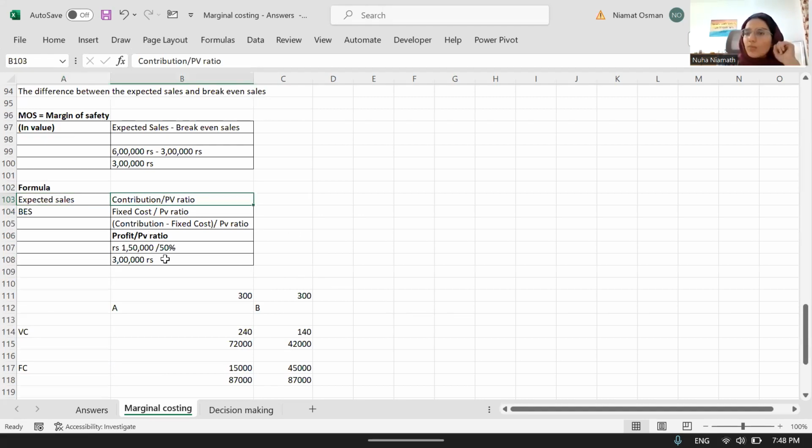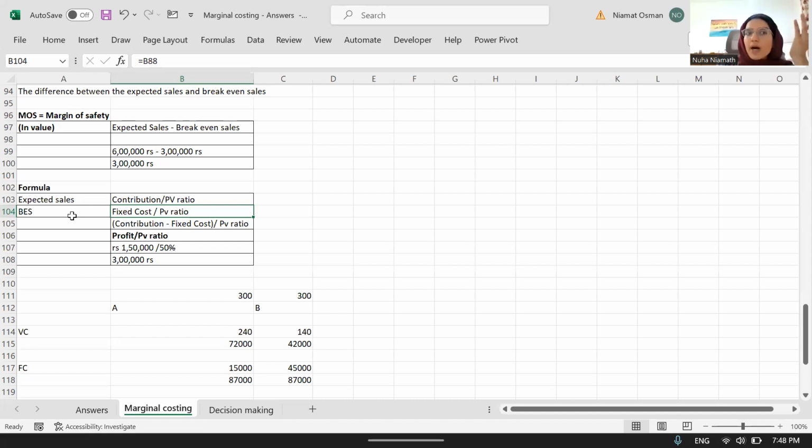Now, what did I tell you margin of safety was? Expected sales minus break-even sales, which will be contribution by PV ratio minus fixed cost by PV ratio. And can somebody tell me what contribution minus fixed cost gives you? Profit.